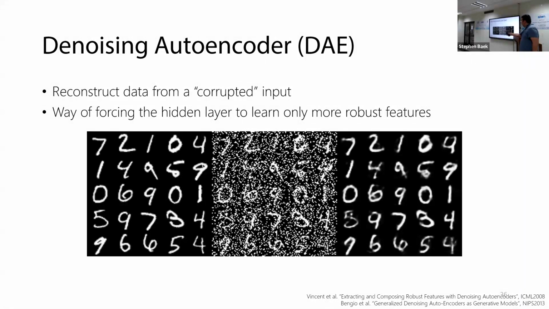So for each training iteration, for each epoch, what you do is create a random noise like this, and then train the model using that noisy input. The goal of reconstruction is still this.